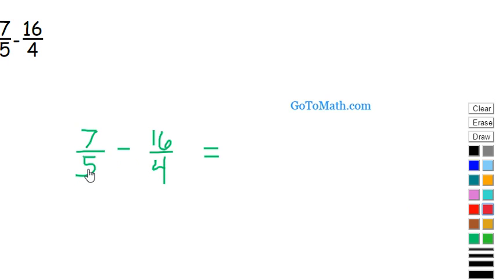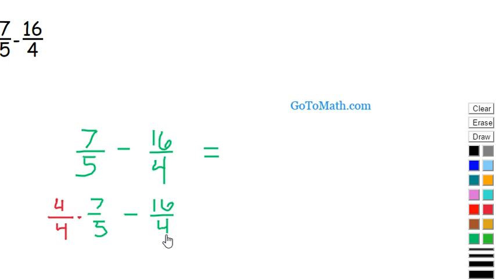It looks like the only thing we can do here is multiply this side by 4 over 4 and this side by 5 over 5. So let's do that. We're choosing 4 over 4 because there's a 4 down here. 7 over 5 minus 16 over 4.